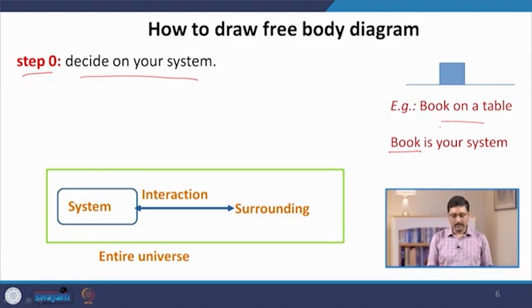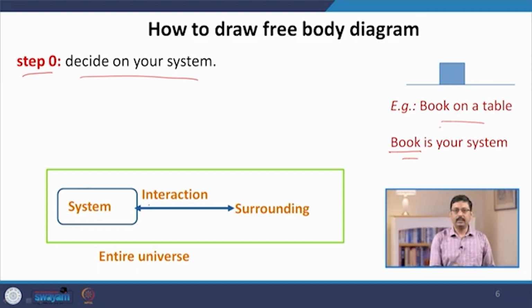What you are doing in defining the system is systematically dividing the entire universe into two parts: the part that you are focusing on, which you call the system, like the book in this problem. This boundary can be a real boundary, a real wall, or it can be an imaginary boundary.